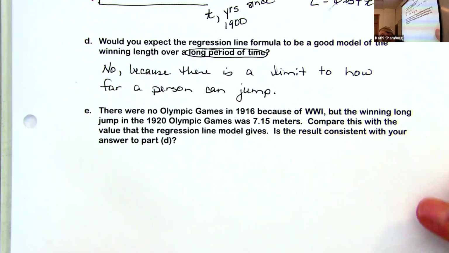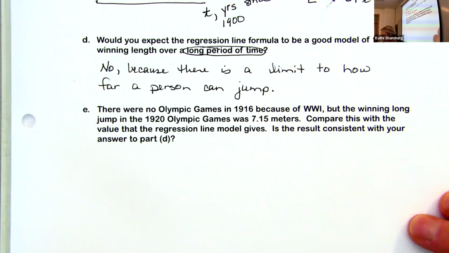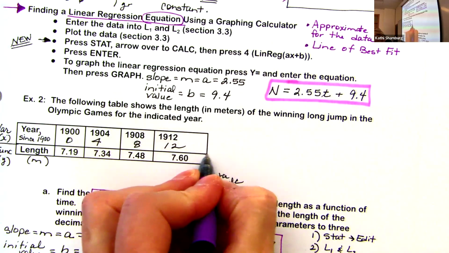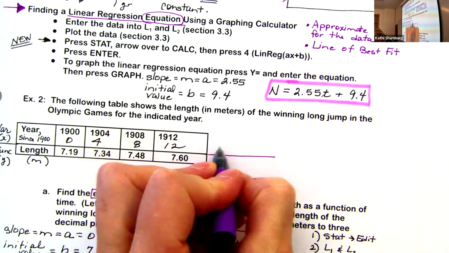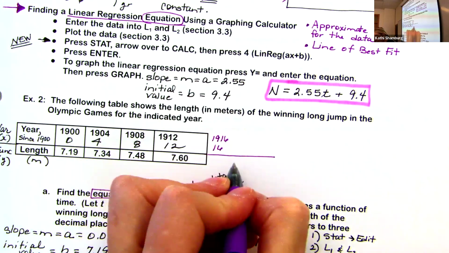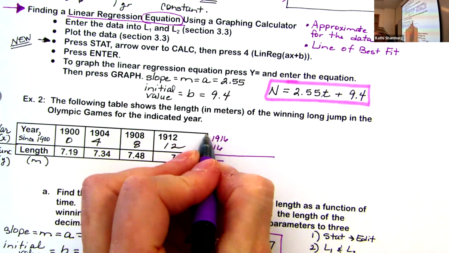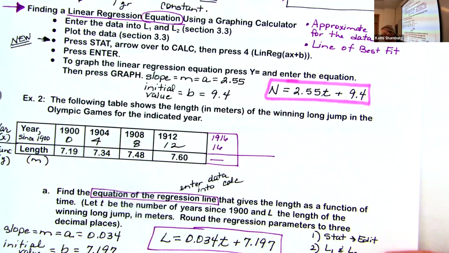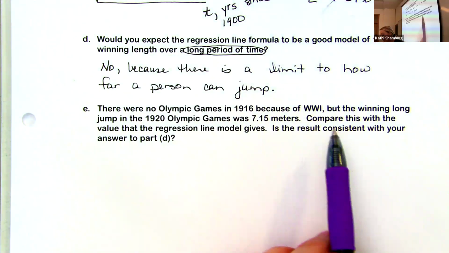Okay. All right. So there were no Olympic Games in 1916. So if I went back here and extended this to 1916, this was 16 years, but we don't have any data for this because of World War I. So there were no Olympic Games.